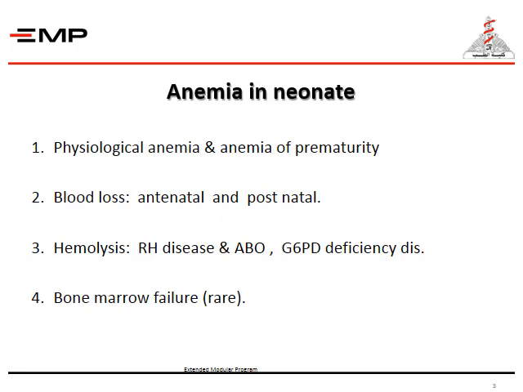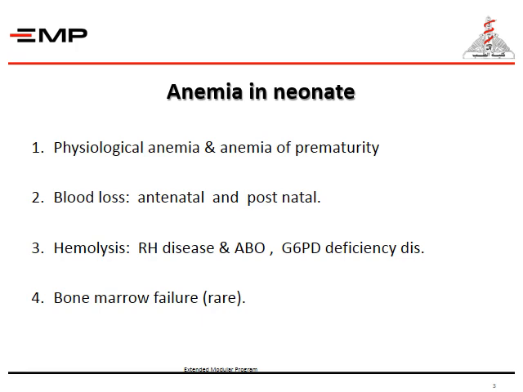In discussing anemia in neonates, we have four important subjects. First, the physiological anemia of neonates and anemia of prematurity. The second commonest cause of anemia in neonates is blood loss, whether this is antenatal or postnatal. The third cause of neonatal anemia is hemolytic causes.